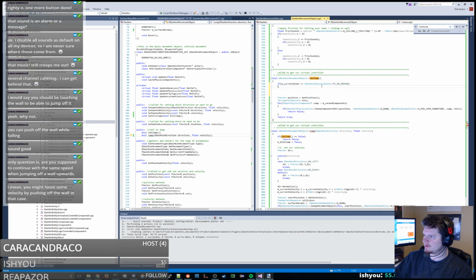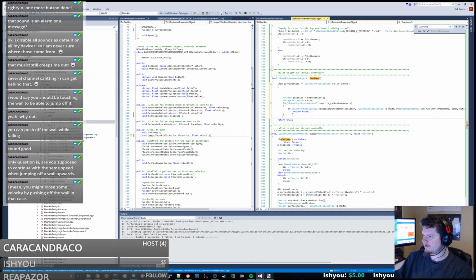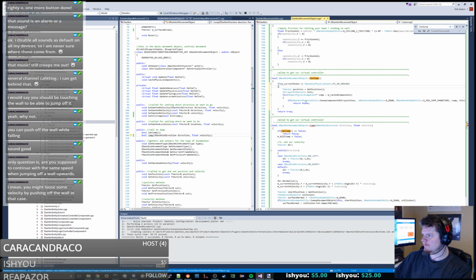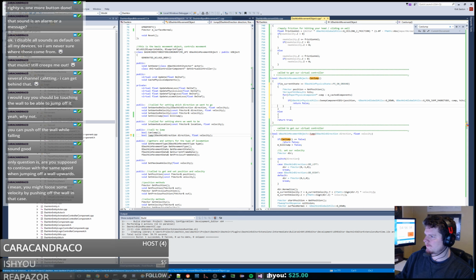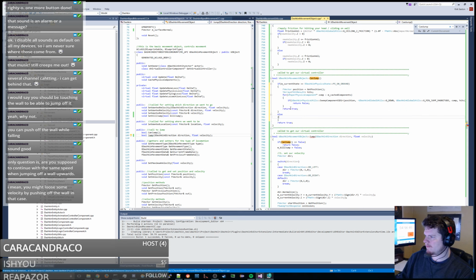If we're on the ground, we want to do this sweep in this direction. Otherwise, we're going to have to try to figure it out. And can jump, should we specify a direction, like can we jump to the left or can we jump to the right? We're going to have to actually specify a direction, aren't we?